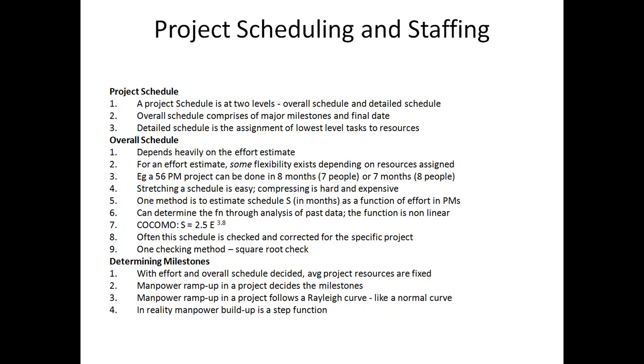You have to revise it. If it is found that the best detailed schedule cannot match the milestone effort and schedule, then the earlier estimation must be revised. So scheduling is an iterative process.